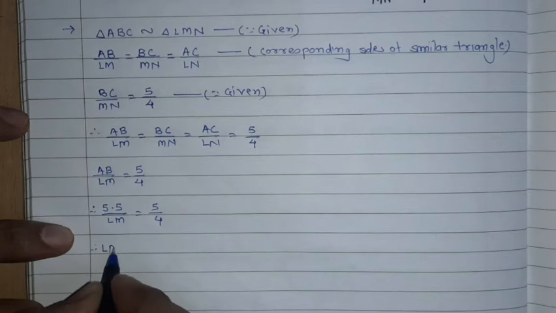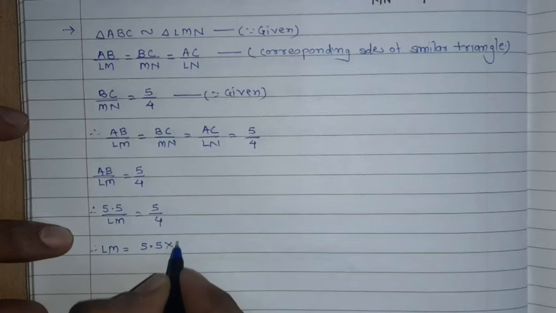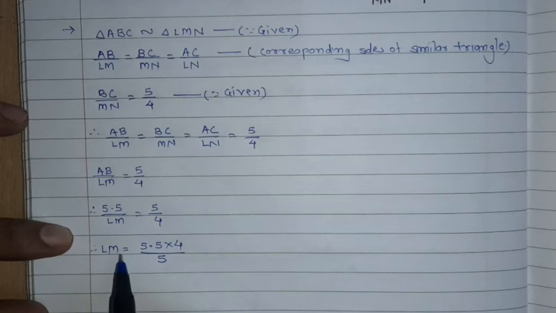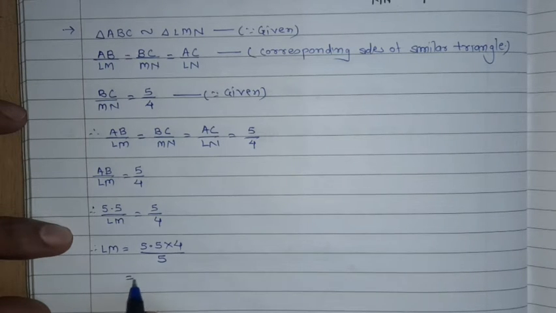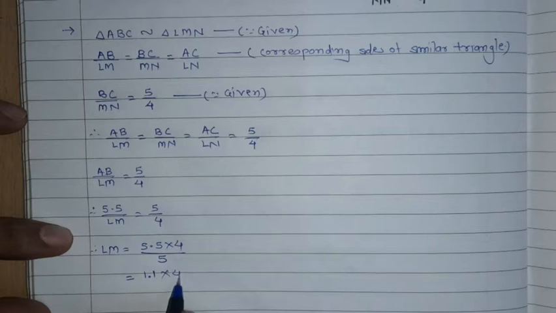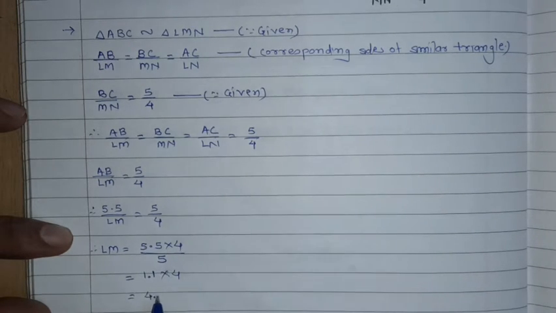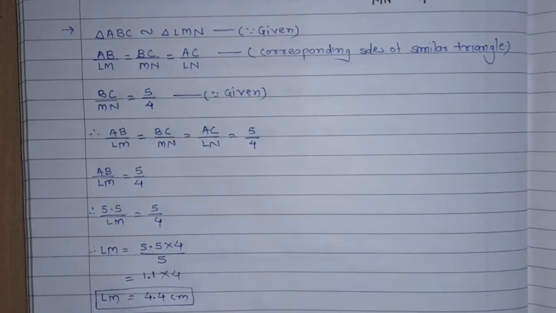Therefore LM is equal to 5.5 into 4 upon 5. We make the cross multiplication and then take this 5 to the other side. Therefore it is equal to 1.1 into 4. 5 ones are 5 and 5 ones are 5. Therefore it is 4.4 centimeter. Therefore the length of side LM is 4.4 centimeter.